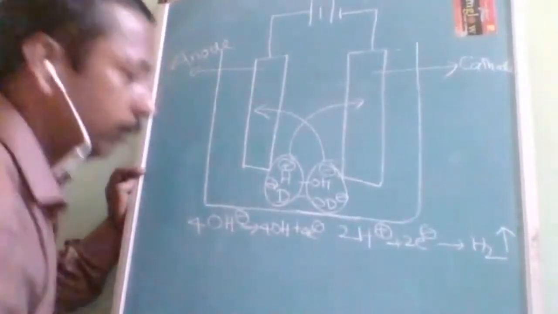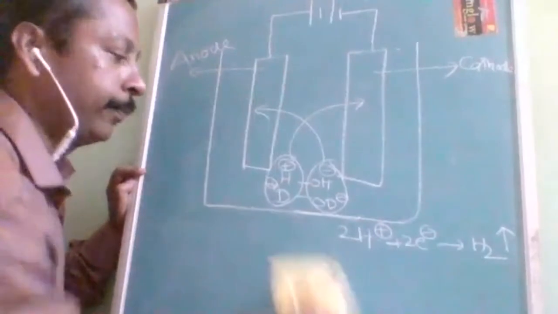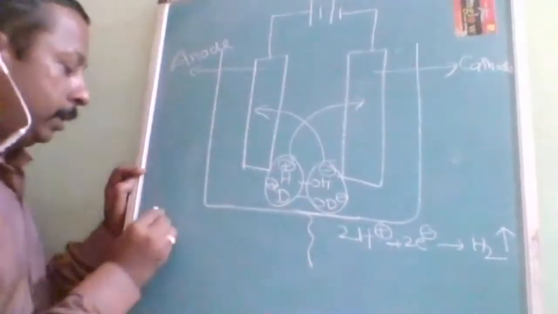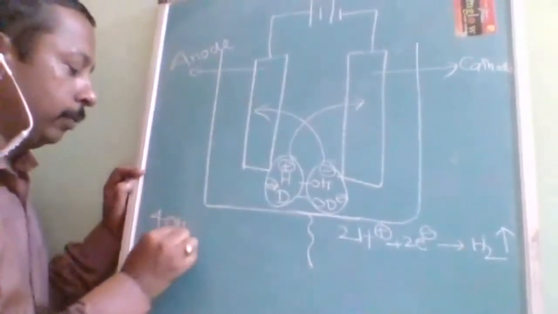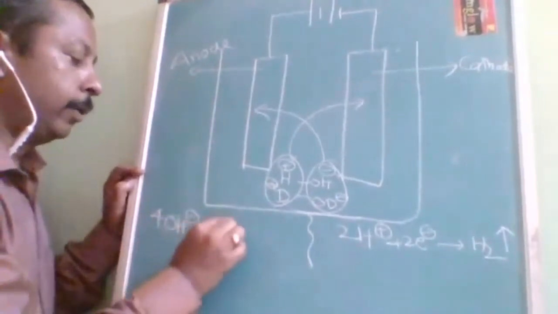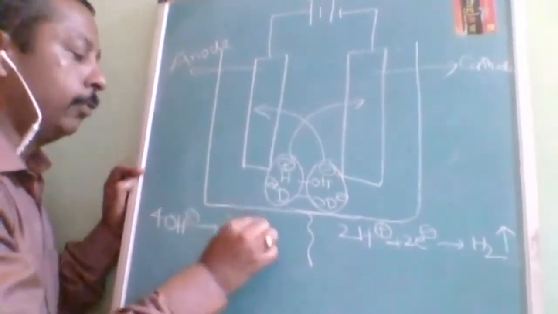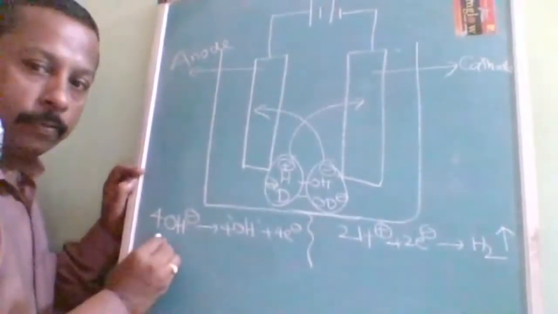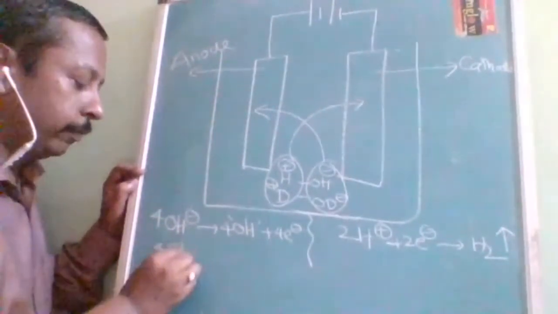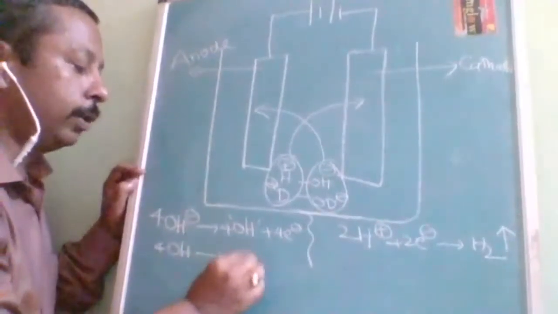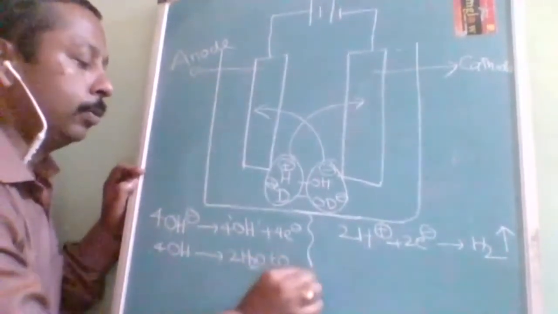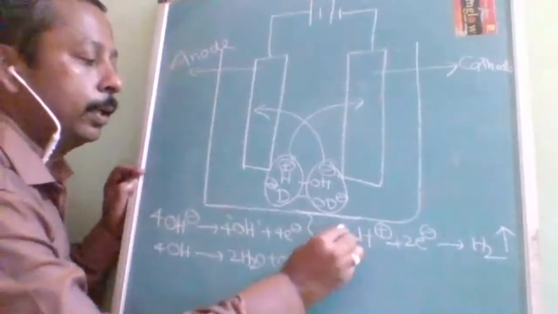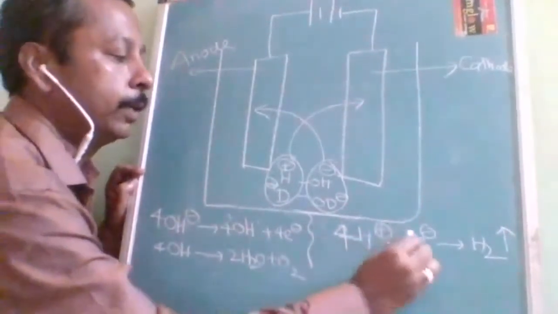Clearly I will write at this place: 4 moles of OH minus will form 4 OH plus 4 electrons. Then 4 moles of OH will combine to form 2H2O plus O2. For balancing, electrons should be balanced.